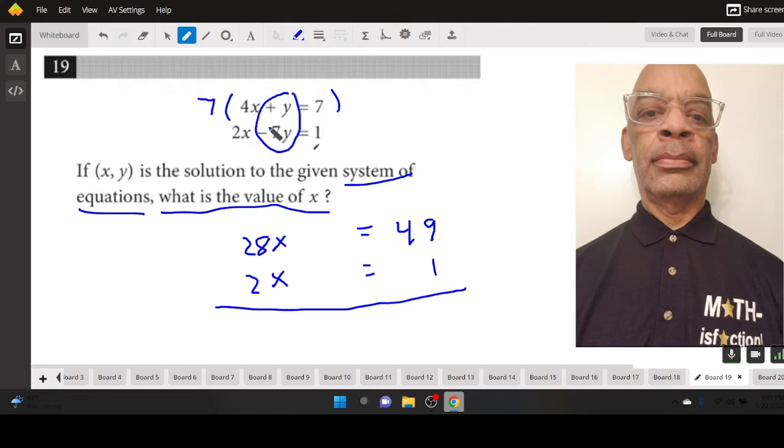Addition will make these cancel. So 30x equals 50. X equals 50 over 30 equals 5/3. 5/3 in your griddable.